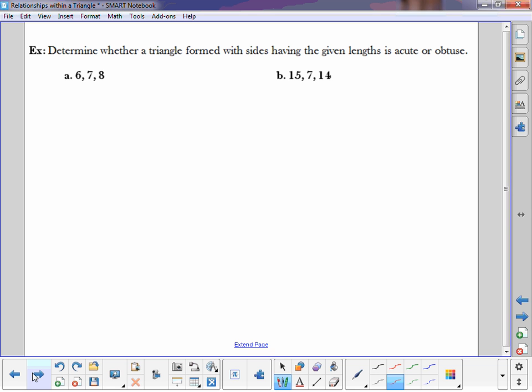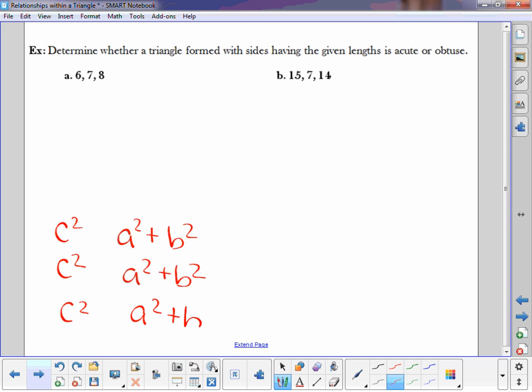If you would rather remember it this way, a squared plus b squared, a squared plus b squared, a squared plus b squared. If c squared is equal, it is a right triangle. If my c squared is biggest, what is that going to be? Obtuse. And if c squared is smaller, what will that be? Acute.